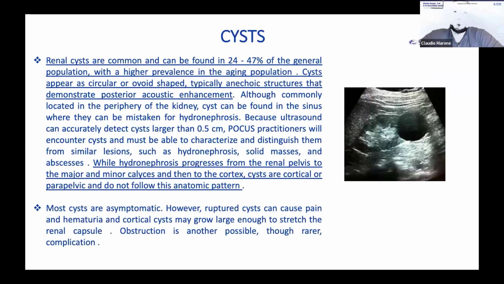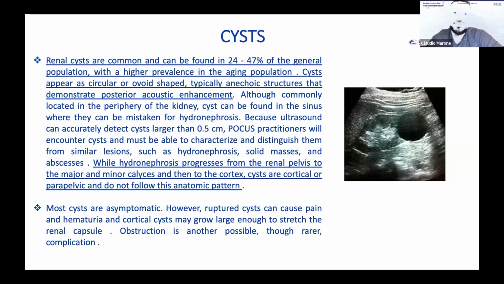The cysts are, I think, the most common pathology that we are going to see when we start to use ultrasound, because they are really common. We find them in almost 50% of the general population, and they appear as circular, ovoid shaped, anechoic structures with posterior acoustic enhancement.